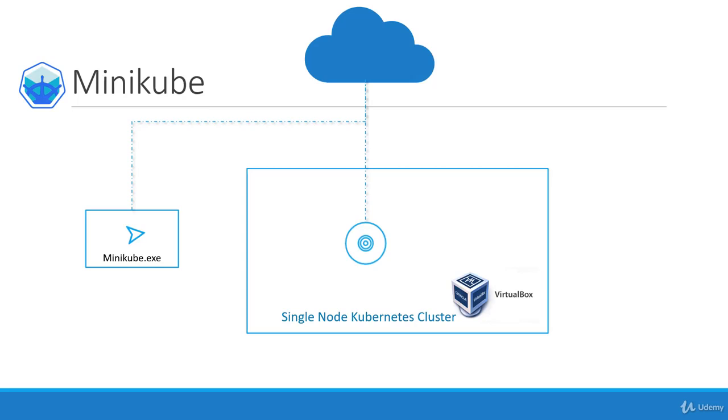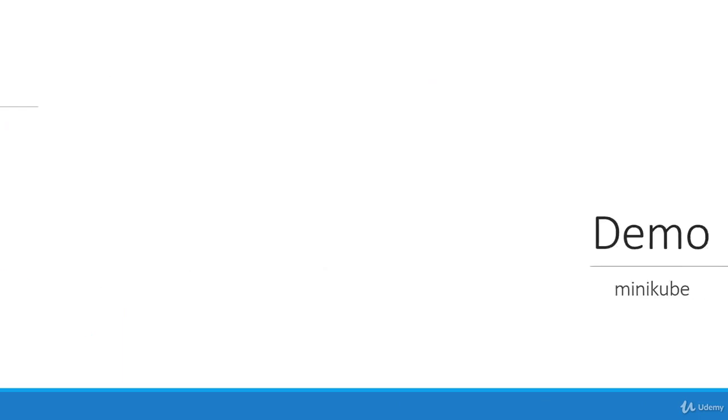And finally, to interact with the Kubernetes cluster, you must have the kubectl Kubernetes command line tool also installed on your machine. So you need three things to get this working. You must have a hypervisor installed, a kubectl command line utility installed, and the Minikube executable installed on your system. So let's get into the demo.